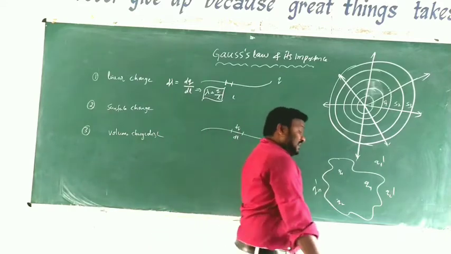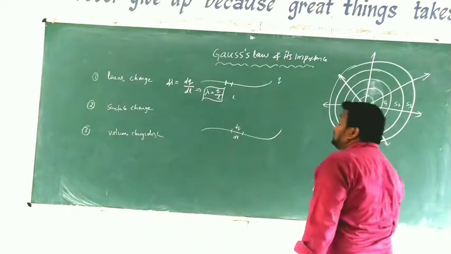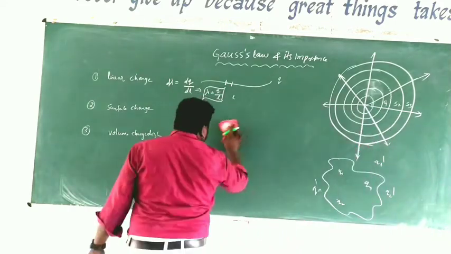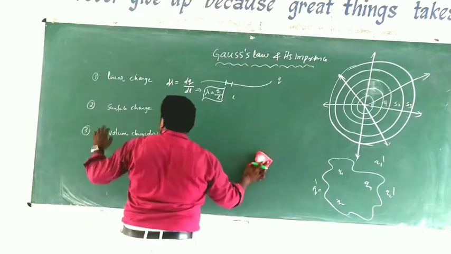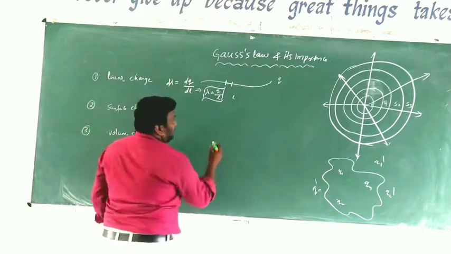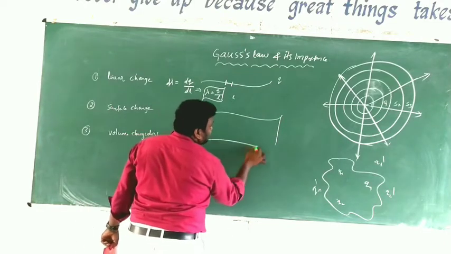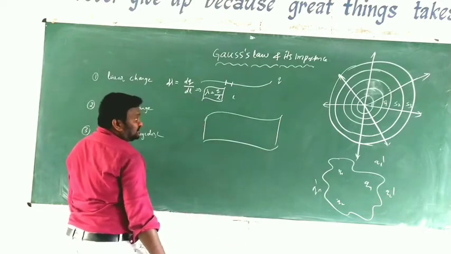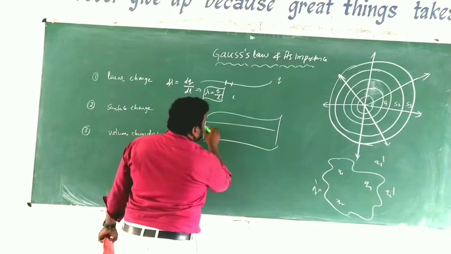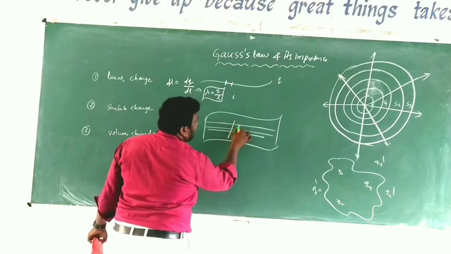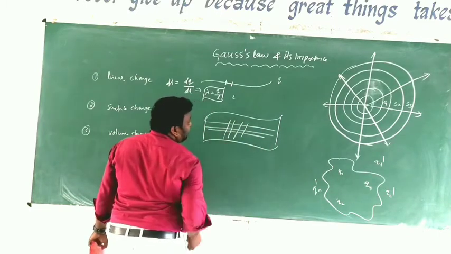In the same manner, now surface charge density or surface charge distribution. Now we take one particular surface, and that surface is divided into a number of parts.